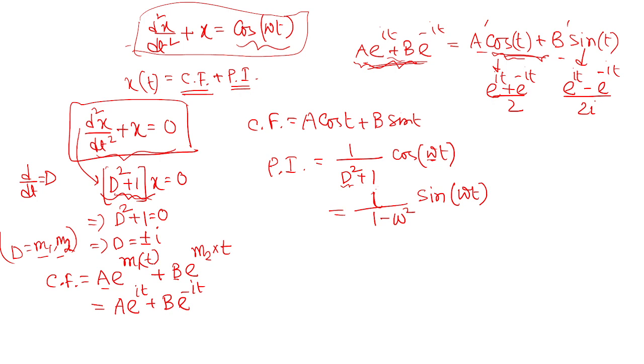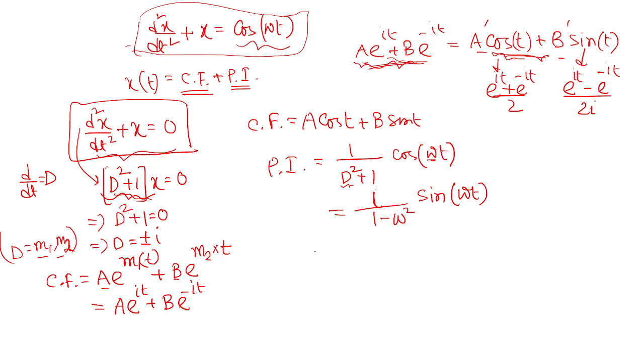There is another way of deriving this particular integral, and that is by just doing a guess. What we are doing is driving the system at a frequency omega. So what can we expect? We can expect that after a very large time, the system will have a response which has frequency omega.